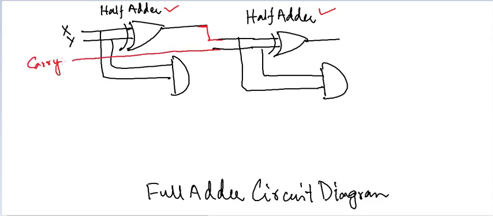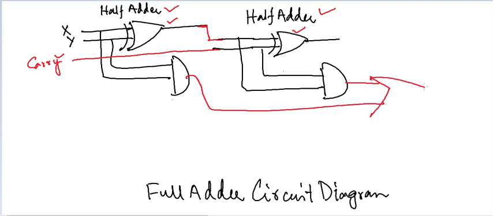So this XOR is going to receive one input from the previous XOR, and the other input is going to be the carry bit. As far as these two AND gates are concerned, their output is going to be given to an OR gate. So this is an OR gate, right? And this is going to be the sum part, and this is going to be the carry part of the full adder, right? So it's as simple as this.